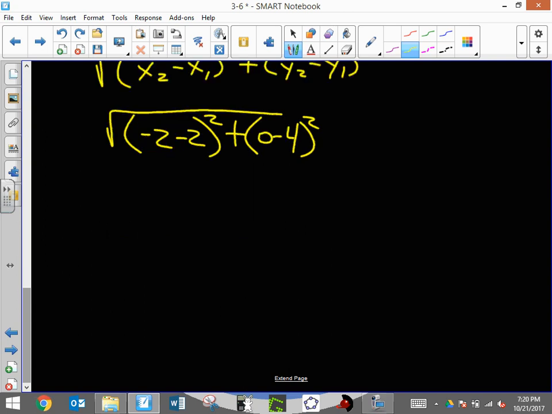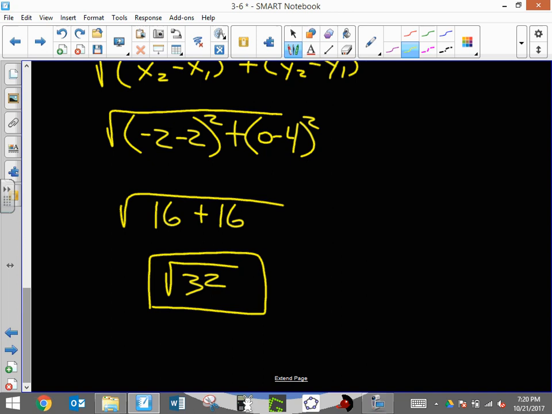We'll simplify it. Negative 2 minus 2 is negative 4, and negative 4 squared is 16, anything squared turns it positive. Plus, same thing, negative 4 squared is 16. So my distance is going to be the square root of 32. You can plug that into your calculator if you like and get a decimal. I'm just going to leave it as a square root. It's a perfectly good distance and answer for me.